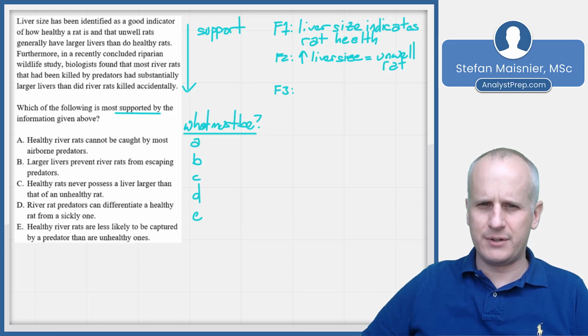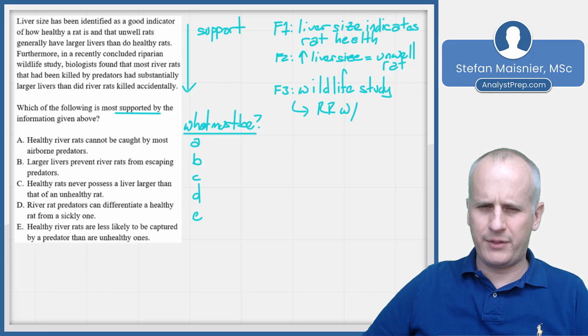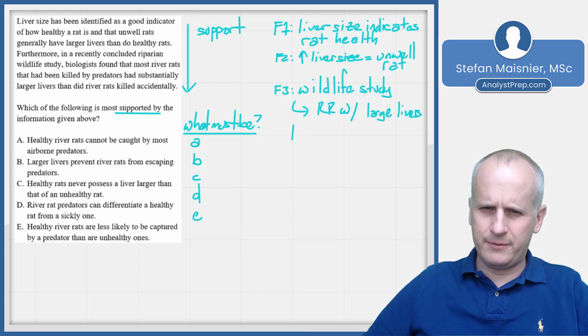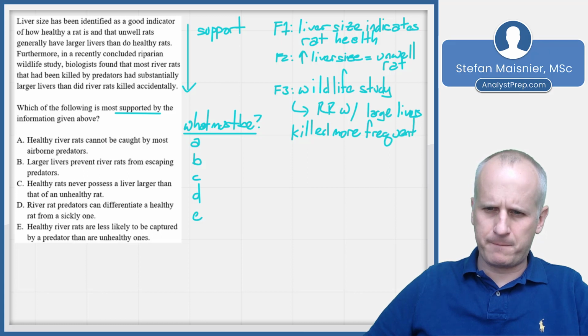So, this is just going to be our wildlife study. A little arrow, though, there says that RR for river rats with large livers killed more frequently by predators.